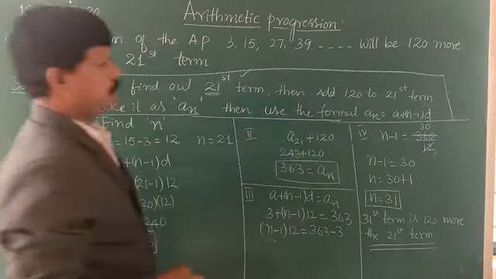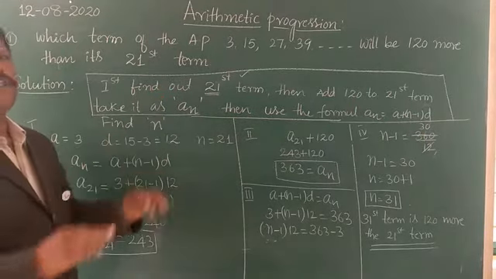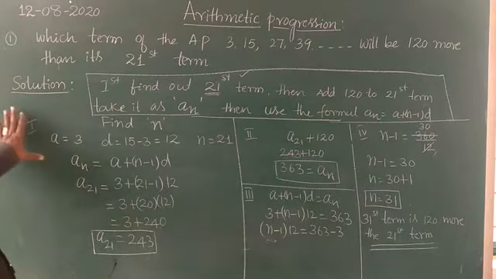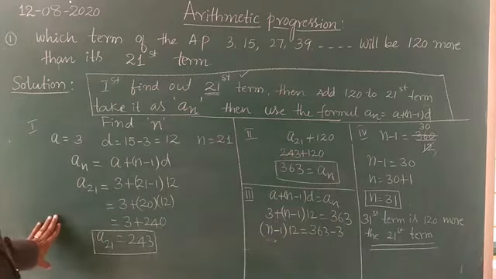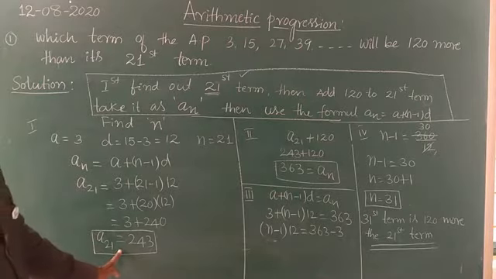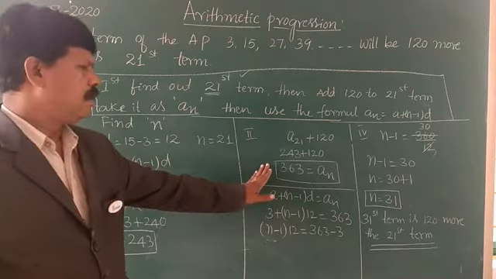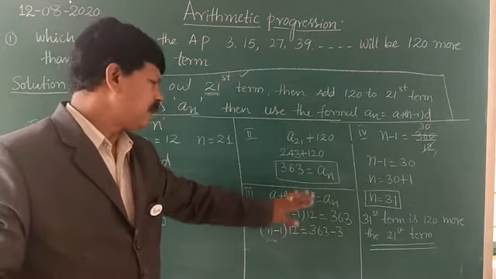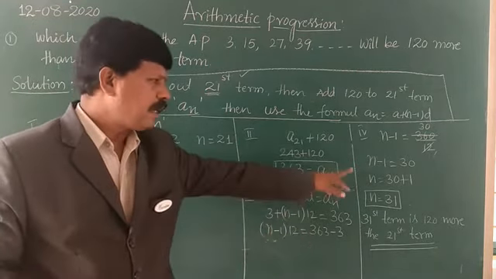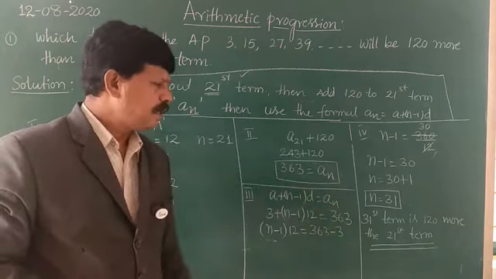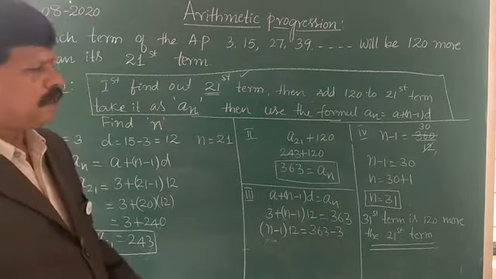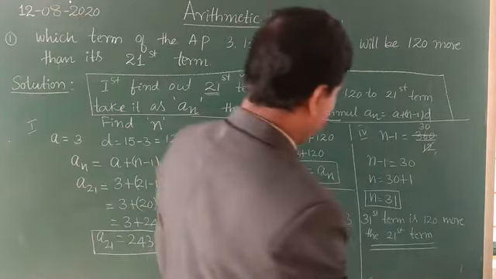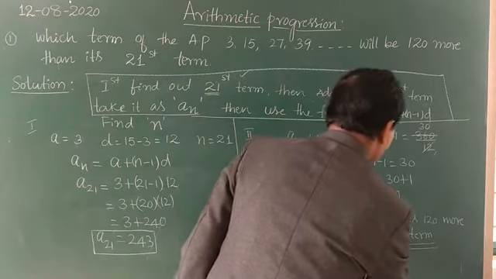So this is our procedure to solve the problem. Find out the 21st term, then find out the 31st term, and both terms show that the 31st term is 120 more. That is the way to solve that problem.